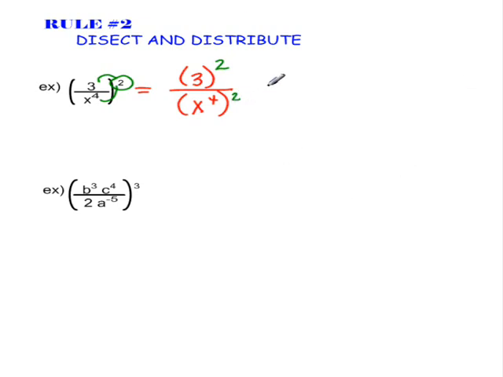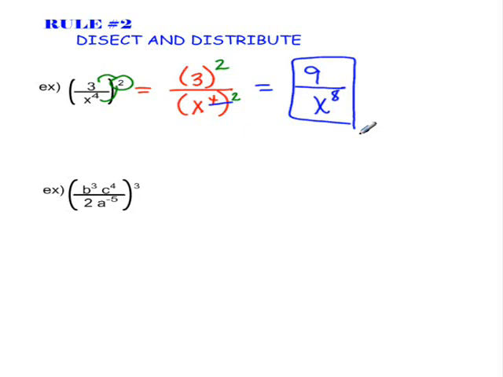So now let's solve this out. Up top, 3 squared is 9. On the bottom, we have x to the 4th raised to the 2nd power. So I have two powers that are side by side, and that rule says that we multiply those powers. So 4 times 2 is 8. Simplified. Can't reduce anymore.